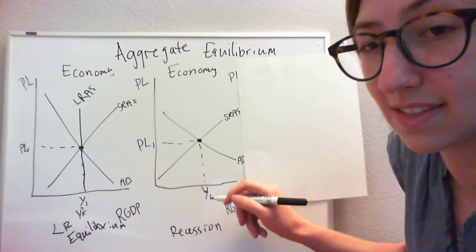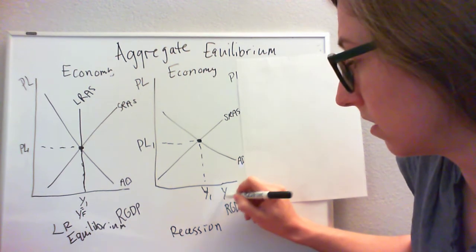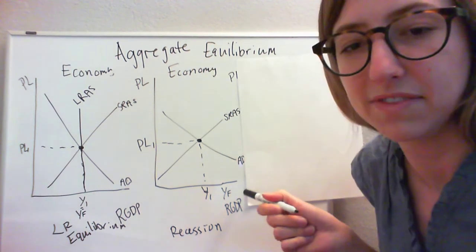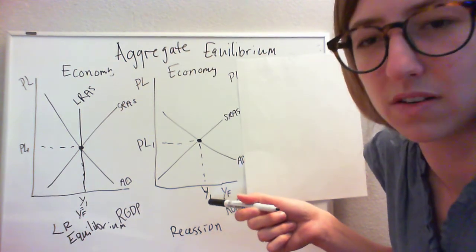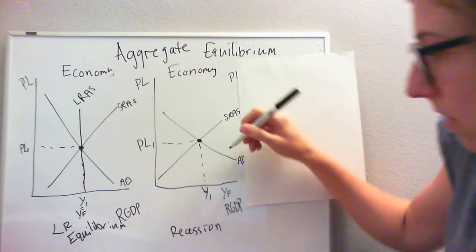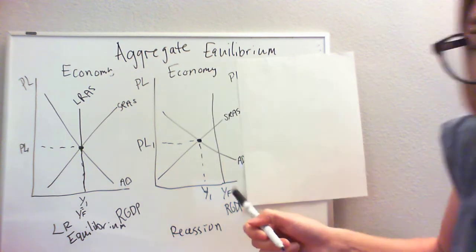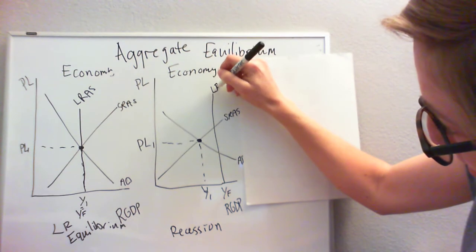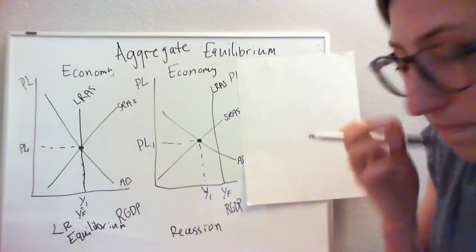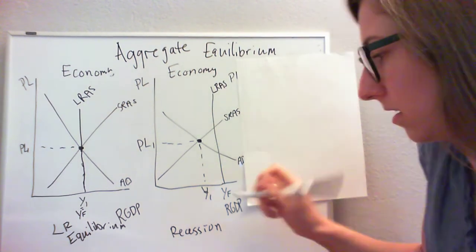Production is less than normal, so YF needs to be greater than where we are now, because where we are now is less than normal production. Long-run aggregate supply always goes with YF.